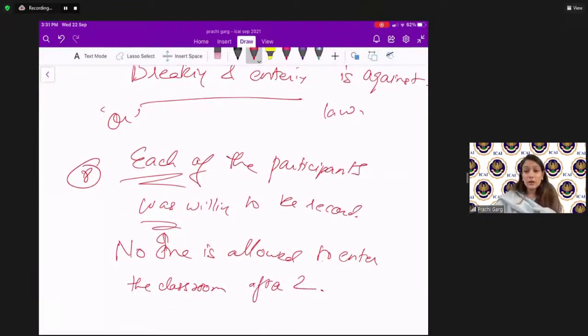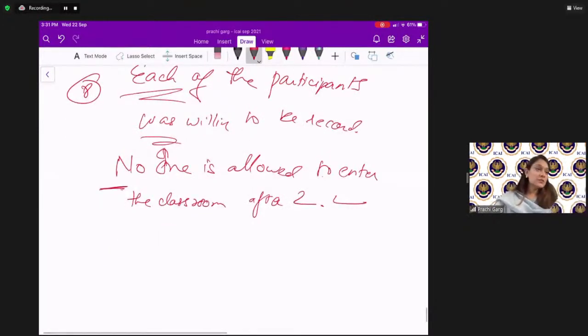No one is allowed, when you're using no, right? No, Nikita, plural forms means without SVS. Okay, so no, each, every, use singular one.